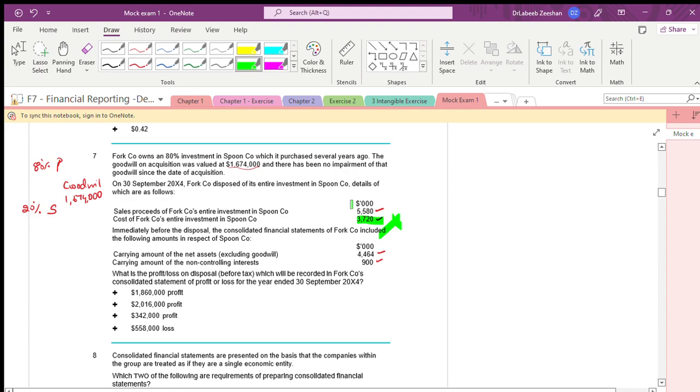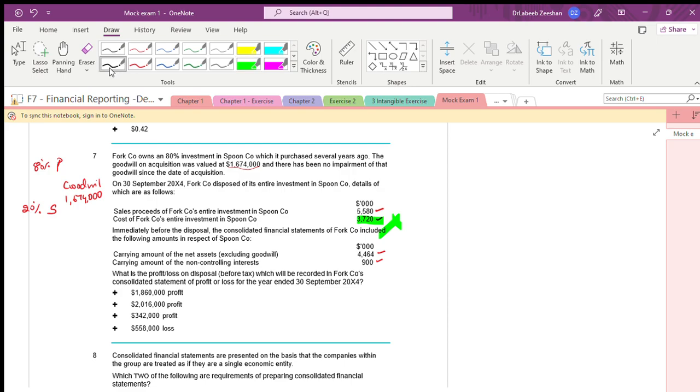First take sale proceeds, then the carrying amount of net assets excluding goodwill, then goodwill. Then we have to think about the NCI, which you deduct from the carrying amount.